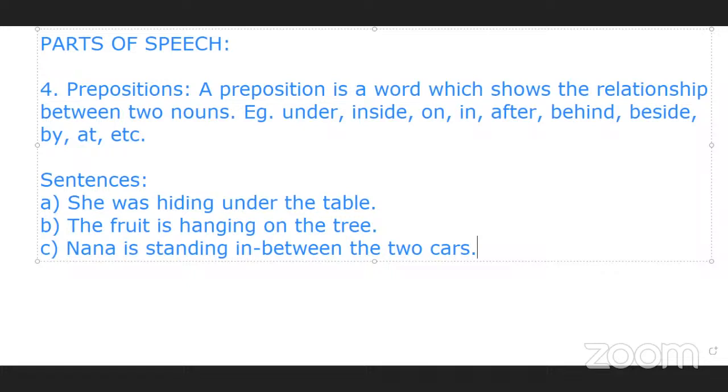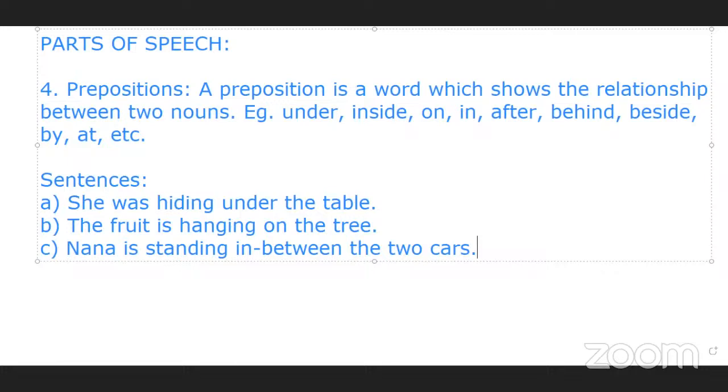So Nana is standing in between the two cars. So the nouns here are Nana and then the two cars. So in between is showing the exact position that Nana is standing. Great.